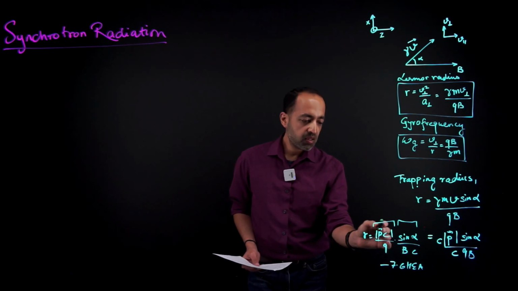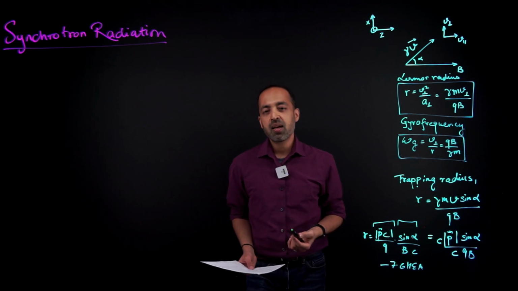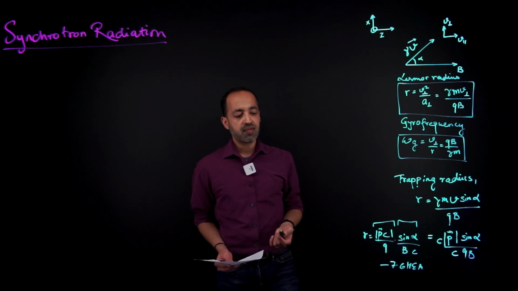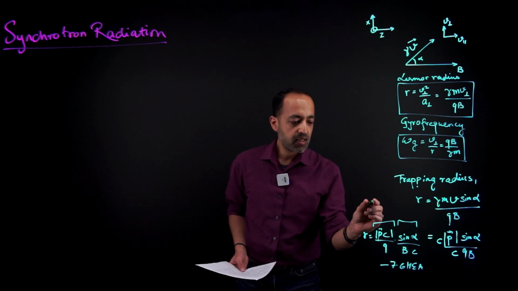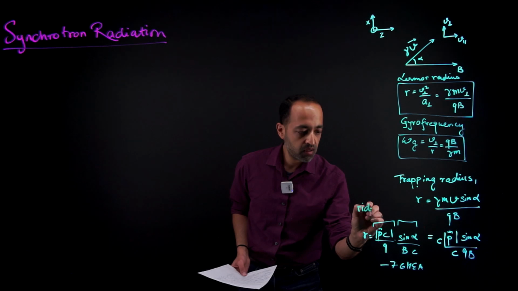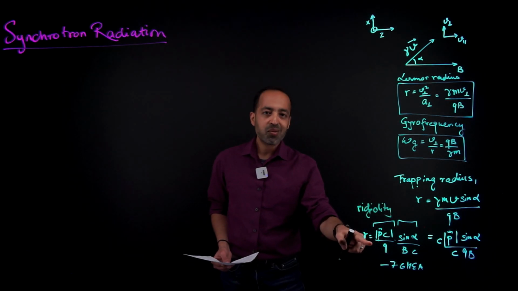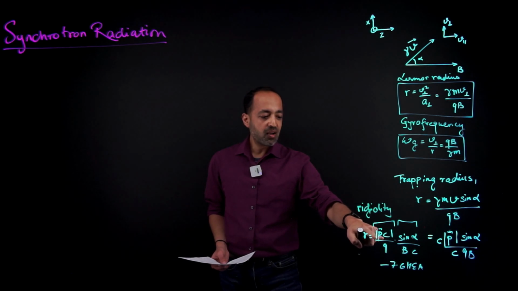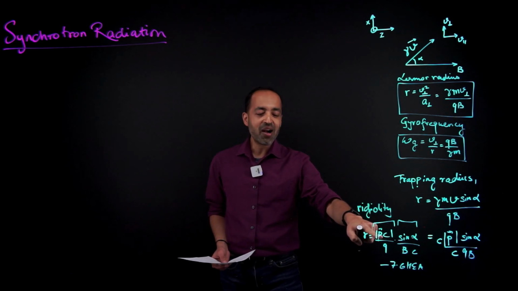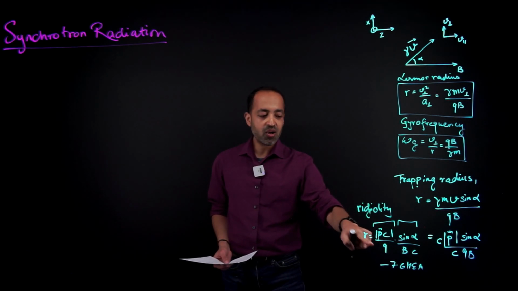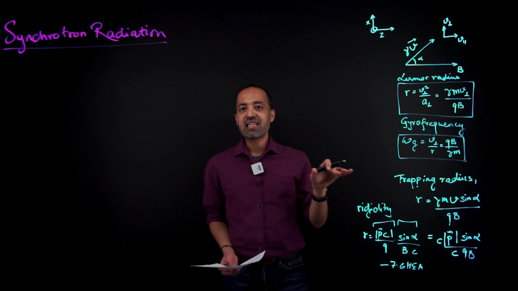So this quantity, pc over q, has a name. It has a terminology in high-energy astrophysics that I just wanted to introduce to you. This thing is called the rigidity. The rigidity of the particle, and you can see that a more rigid particle has a higher momentum or a smaller charge, and it just means that it's deflected less by the magnetic field.